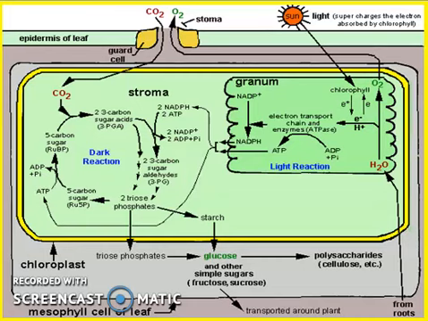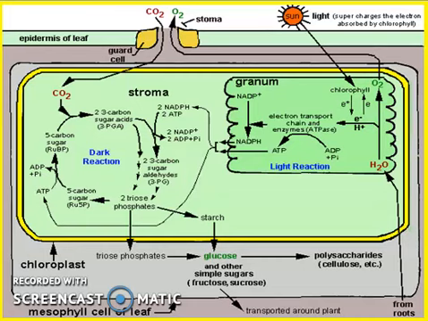So through a series of reactions happening, as I said, in the dark reaction, the 3-carbon sugar, that is 3-PGA, is not very usable by the plant.